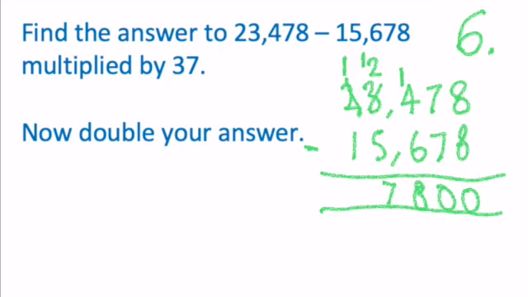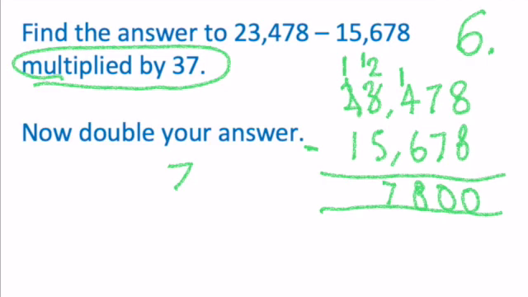But now look, it says multiplied by 37. So I'm going to do 7,800 multiplied by 37. I'm pushed for space as usual.